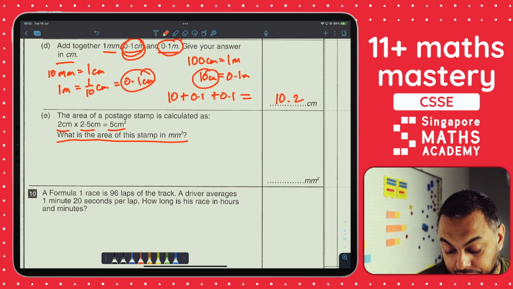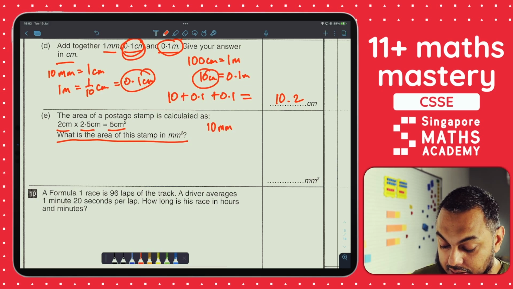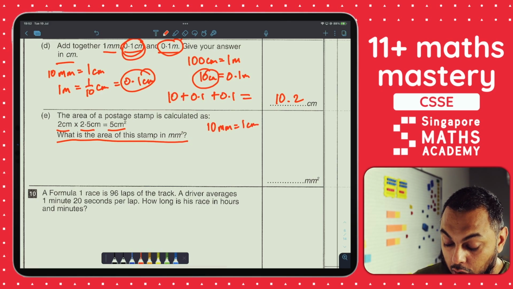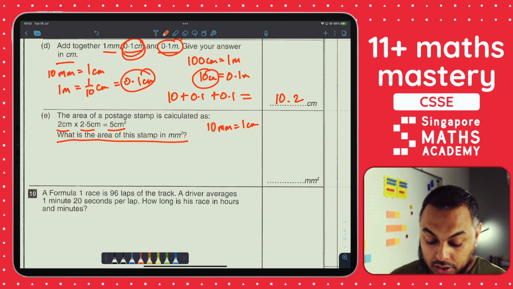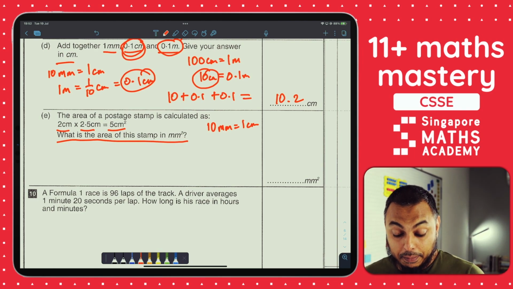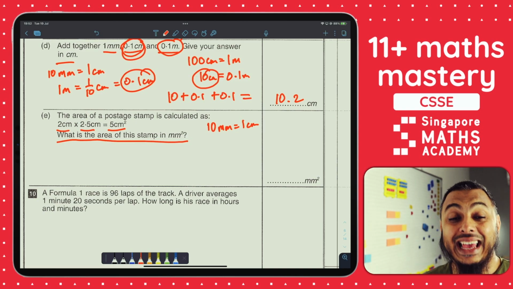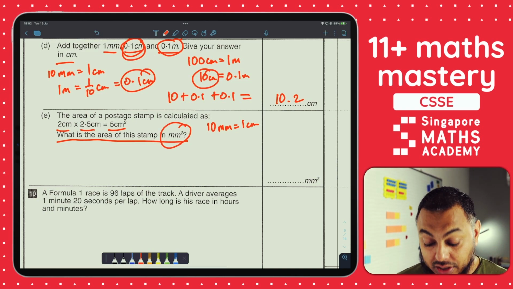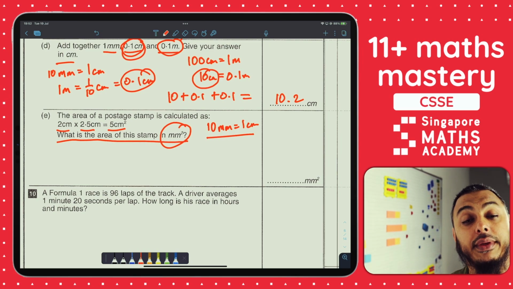It's easy for us to make a mistake because we know 10 millimeters equals 1 centimeter, we might be tempted to write 5 times 10 and get 50 square millimeters, which would be wrong, okay? Because this is area and it's not length.